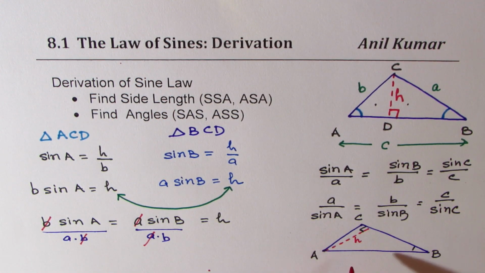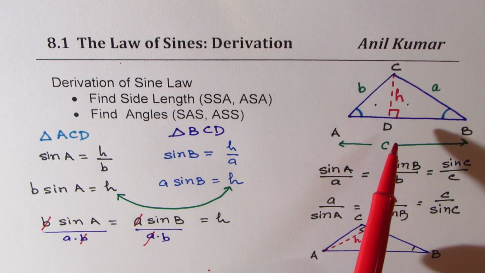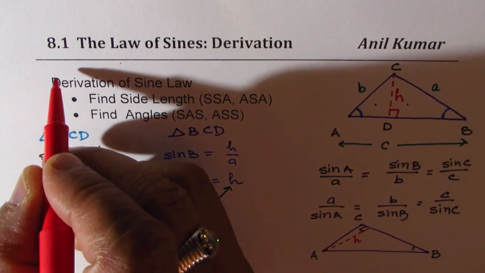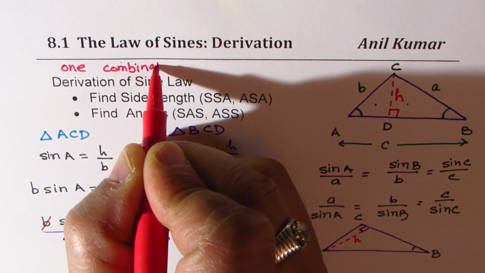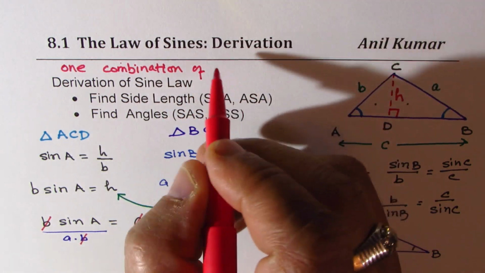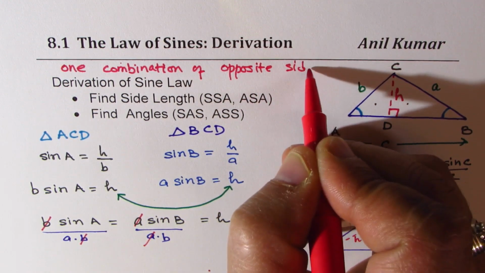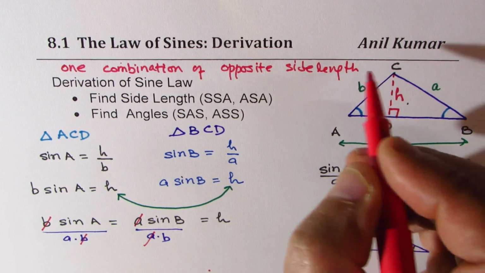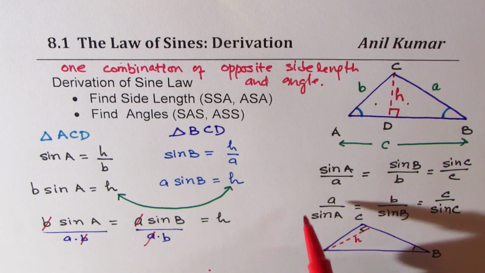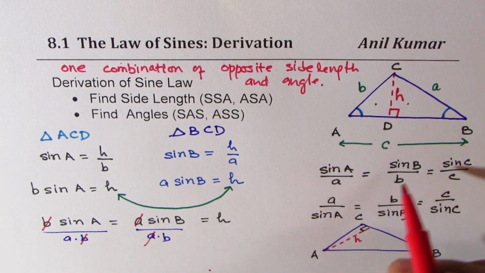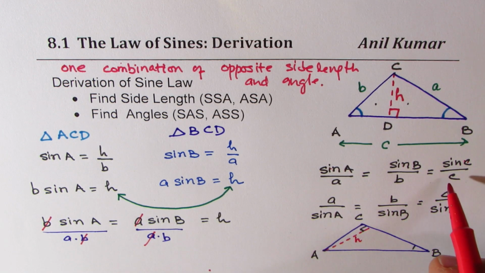Now this law of sines could be applied to find side length or the angles in a triangle, provided we have one combination of opposite side length and angle. So if you have that, that means you need either sine A over a or sine B over b or sine C over c, right? Either the angle and side, any combination, then you could do it.